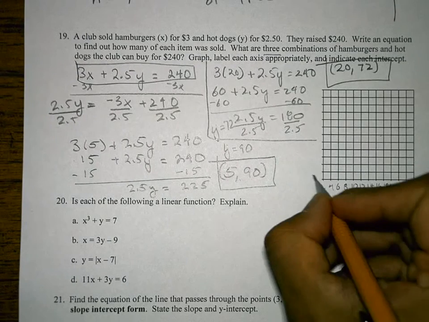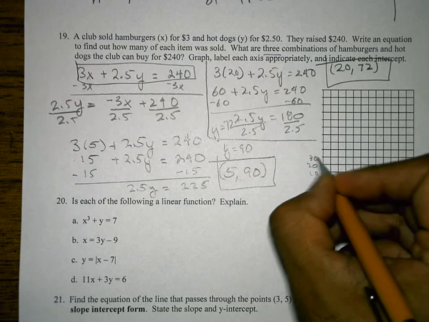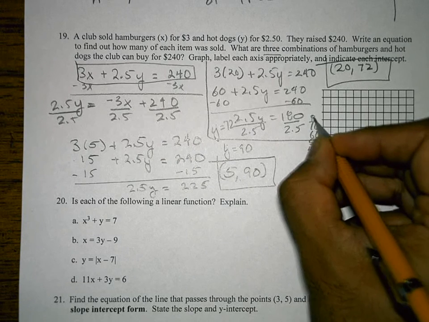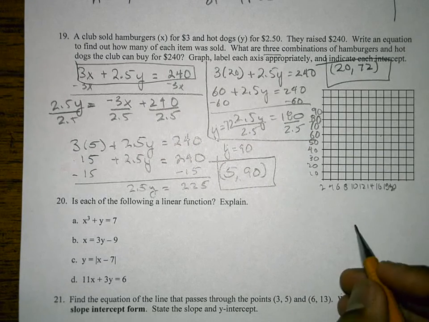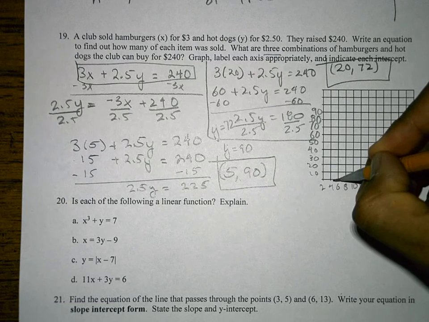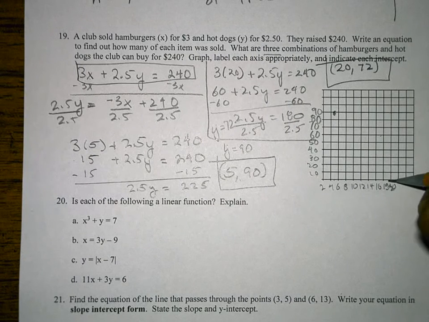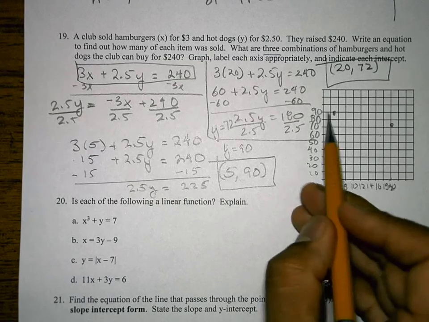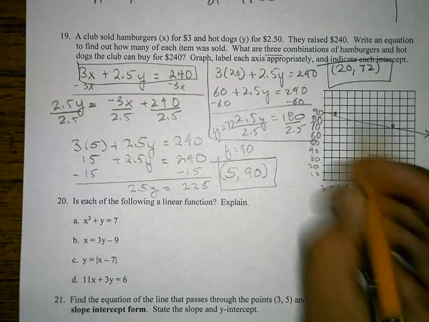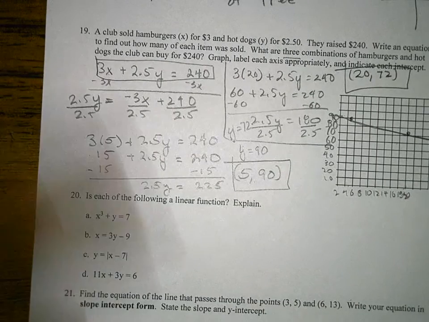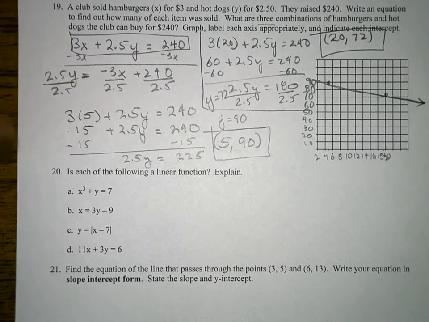Here I'll make these worth 10: 10, 20, 30, 40, 50, 60, 70, 80, and 90. So I have the point 5, which is halfway through here, 90. Right? I have 20, 72. So it's going to look something like this, and it represents the general relationship.